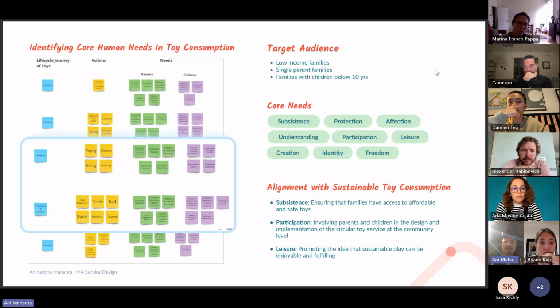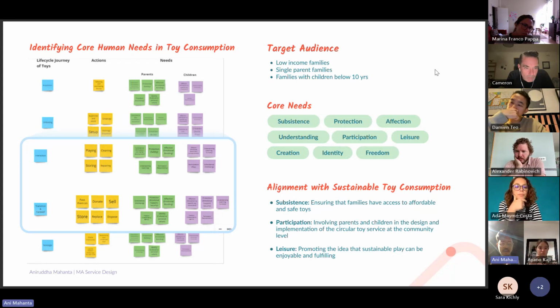From my learnings of your talk on the Max-Neef matrix, I tried to understand it and adapt it around the life cycle journey of toys, to see what sort of needs there are in toy consumption.